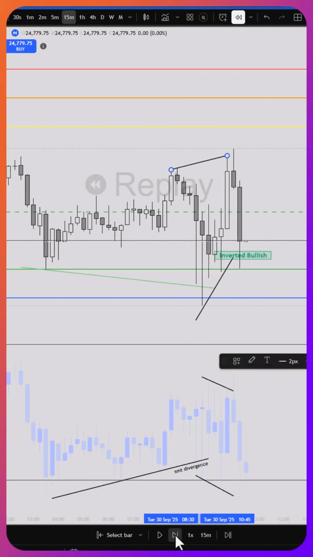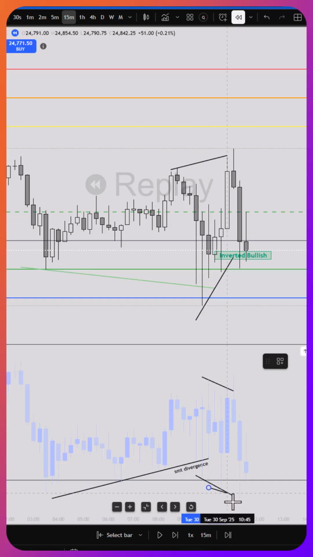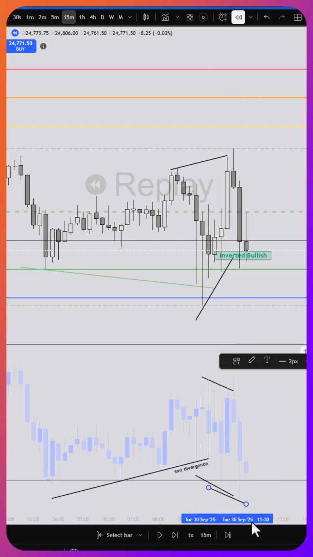Carry on. And it did seem that there's more SMT here, potentially bottoming, showing NQ is still stronger.